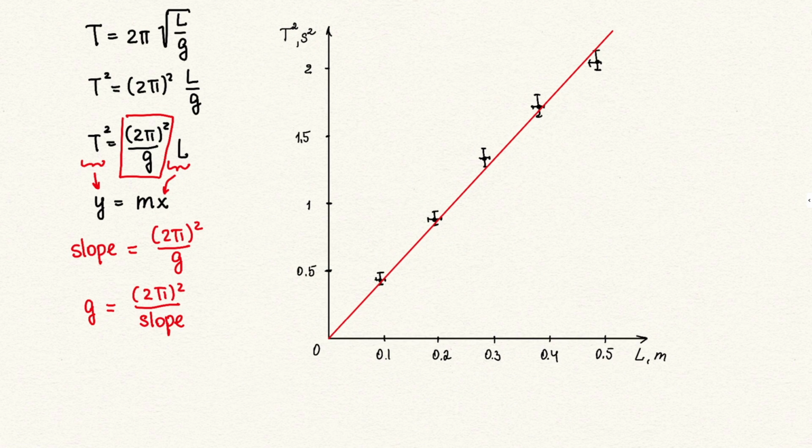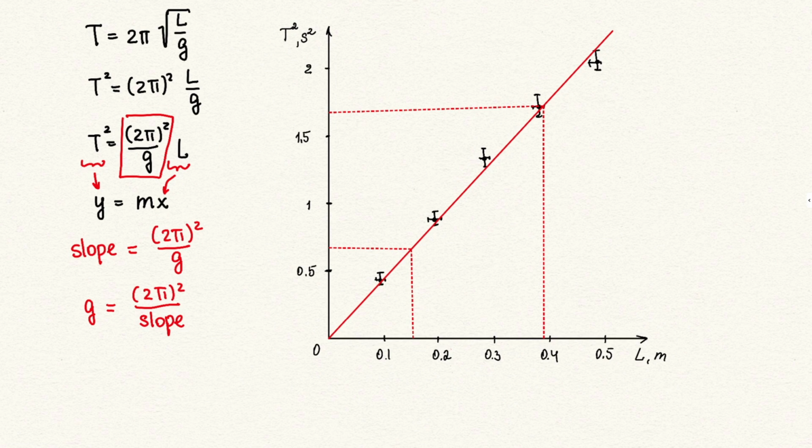If you prepare this graph on the computer, it will give you the value of the slope right away. If you draw it by hand, in order to find the value of the slope, you will have to pick 2 points on your graph. So let's say a point somewhere here and a point somewhere here. A little crooked.